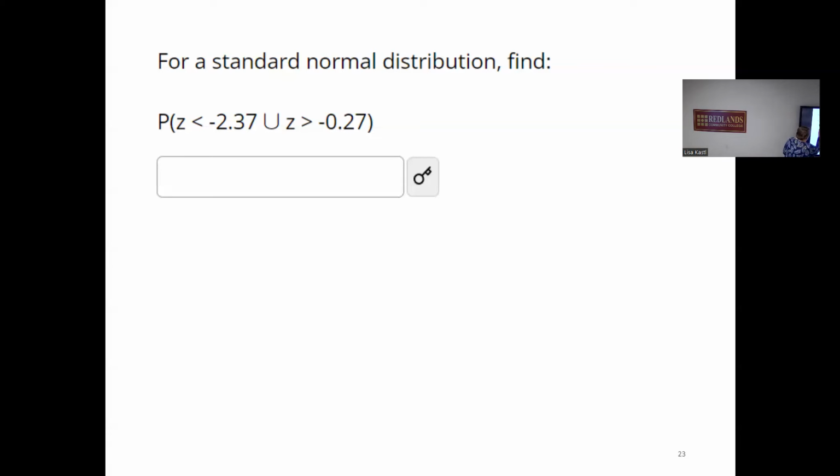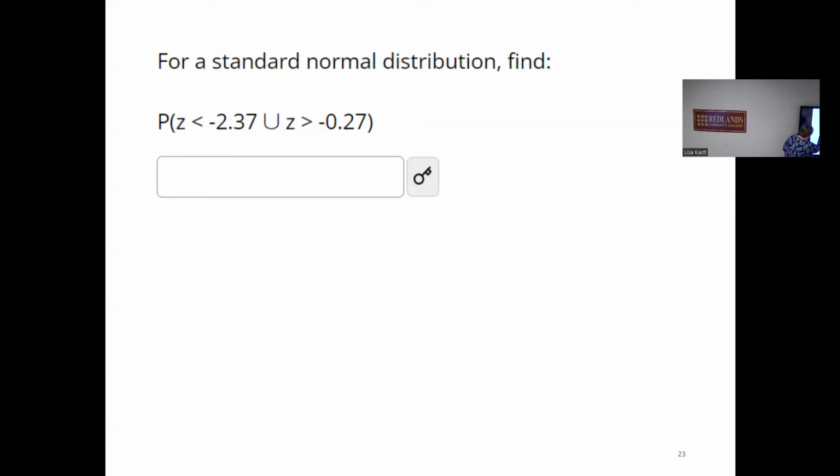So what does this say? Find the probability that Z is less than negative 2.37 union. And if you recall, which many of you do not, that union means or. It's this or this. So or Z is greater than negative 0.27.